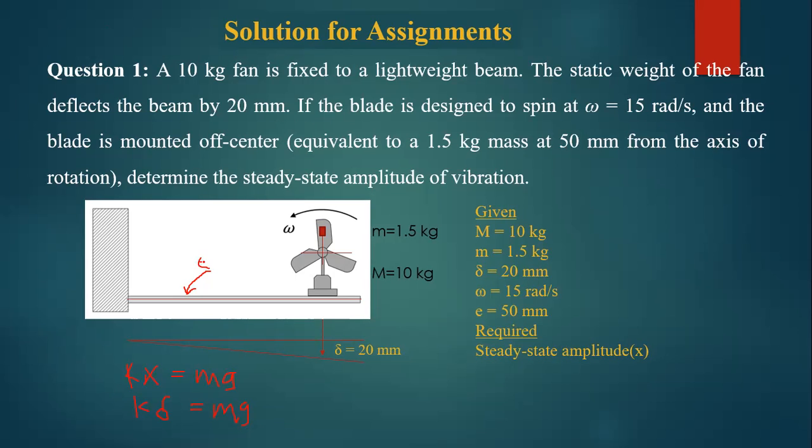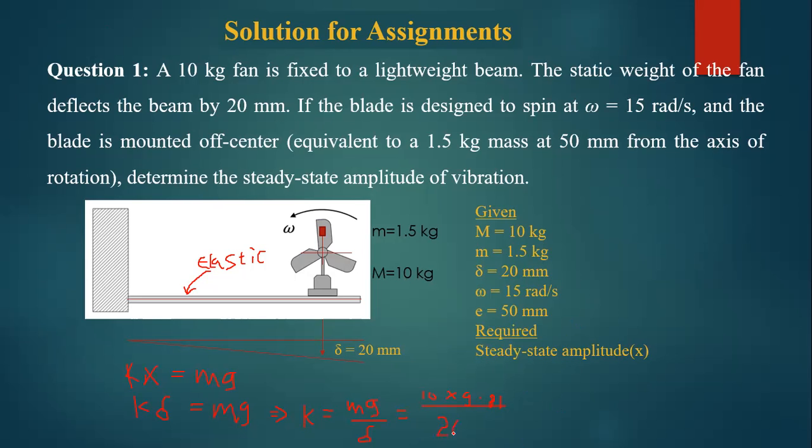When we consider it as elastic, we are talking about the spring. So the equivalent spring constant of the beam is K equals mg over delta, which equals 10 times 9.81 over the deflection of 20 millimeter, that is 20 times 10 to the power of minus 3.